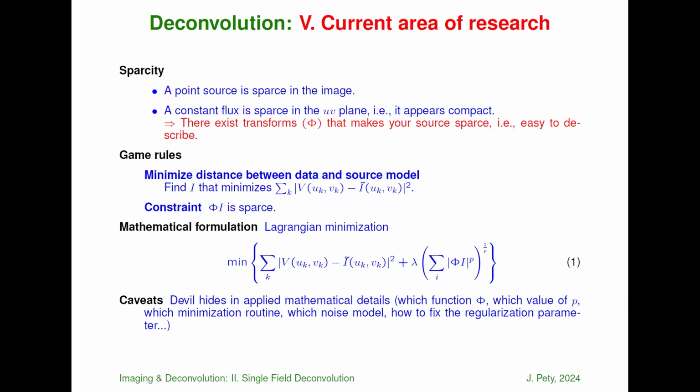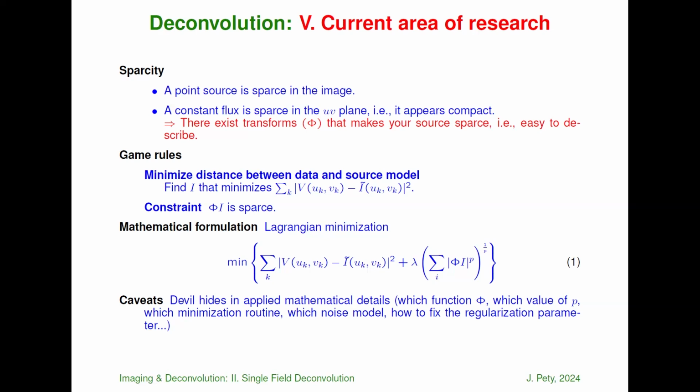But of course, the sky is not made only of point sources. So let's take the opposite view. Let's assume that you have a constant source. A constant source in the image plane needs a lot of information to describe it. You need the flux in all the pixels of your image, so you need a full image. But do the Fourier transform of a constant source.